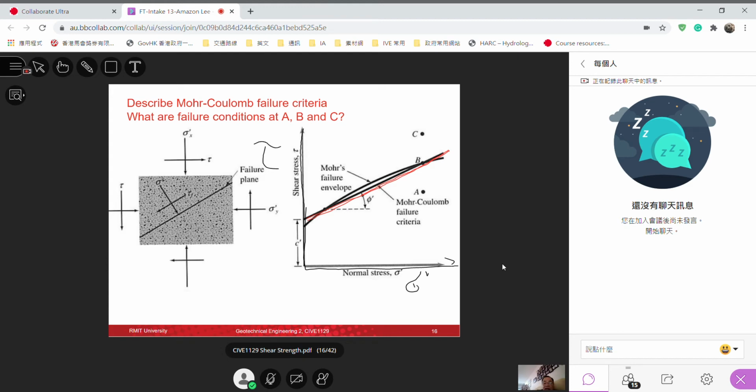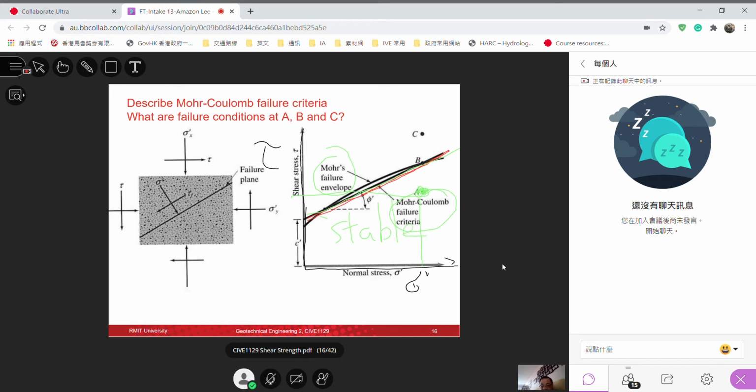Now if we have soil with a normal stress here and a shear stress here, the resulting combination is still below this Mohr-Coulomb failure criteria, this straight line. Then the soil is safe, stable.